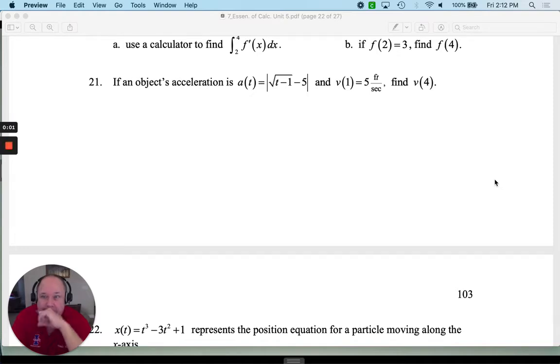All right. Number 21. If an object's acceleration is a of t equals the absolute value of t minus 1, subtract 5, and v of 1 equals 5, find v of 4.